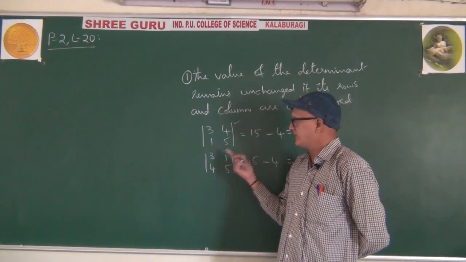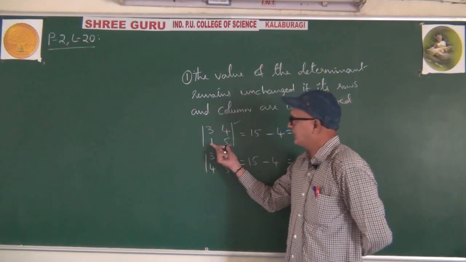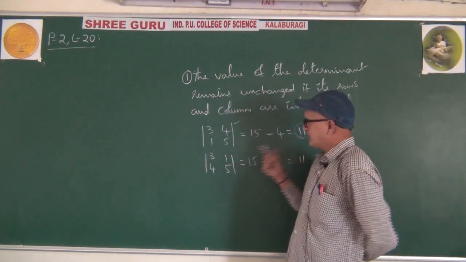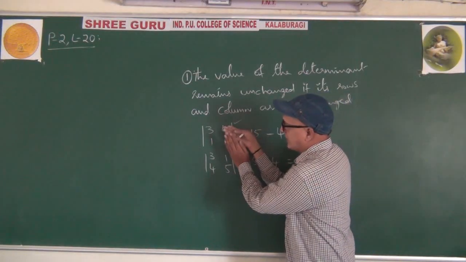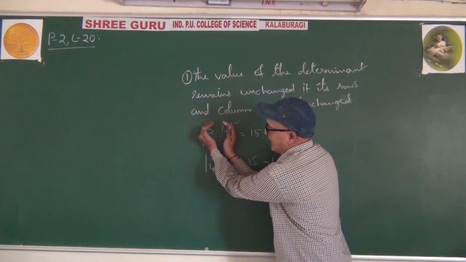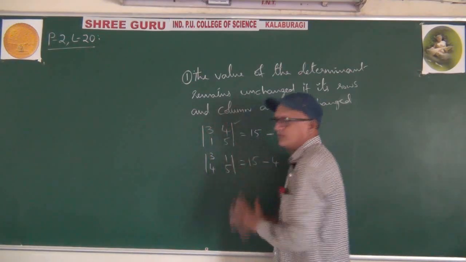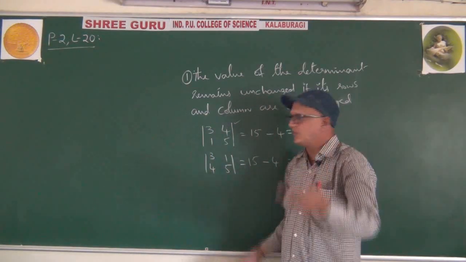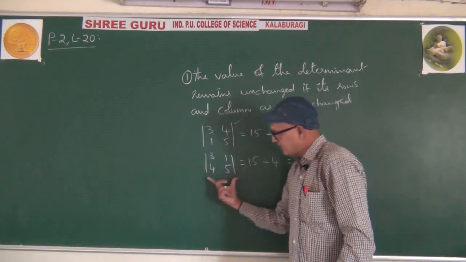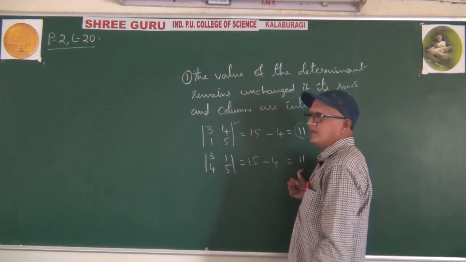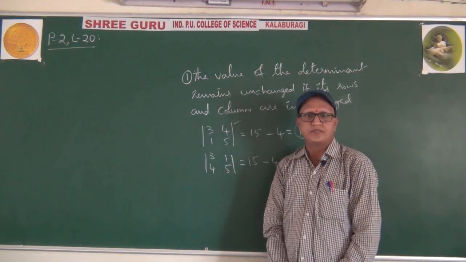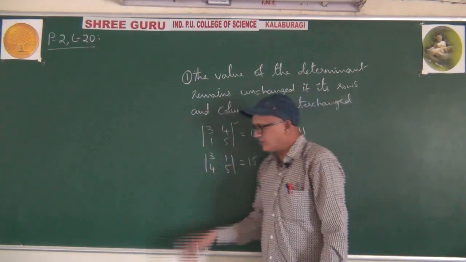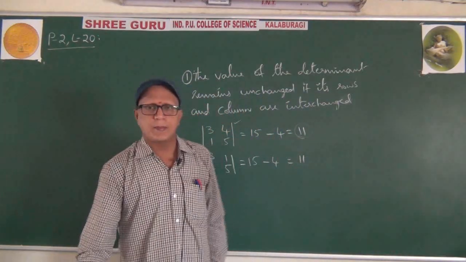Whatever answer we get for this, we get the same answer for the transpose of this matrix. After finding the transpose, if you find the determinant, you get the same answer. This is the example. This is possible even for 3 by 3 also. Right?